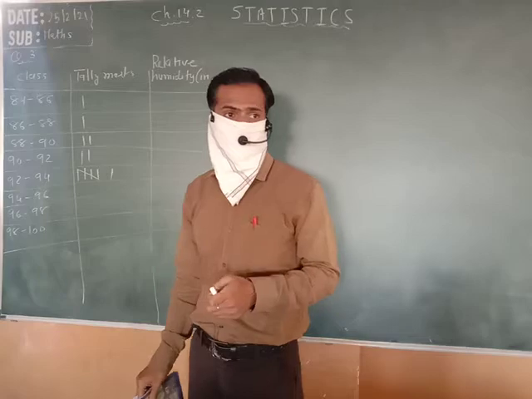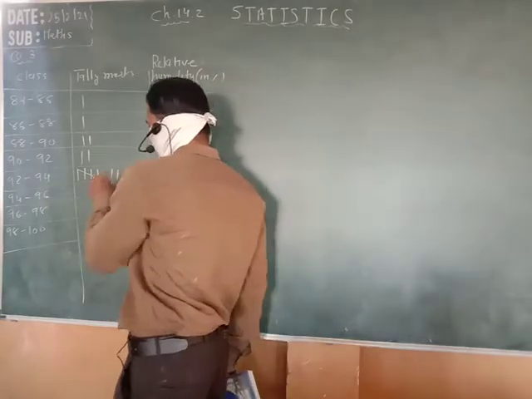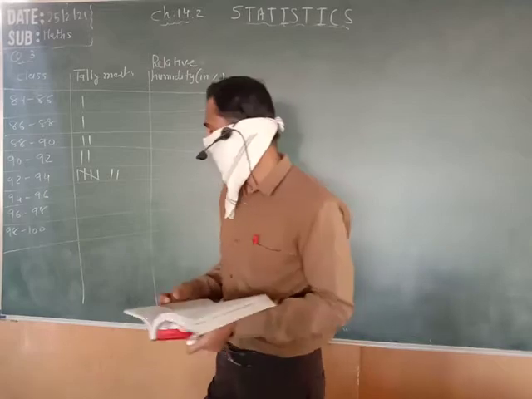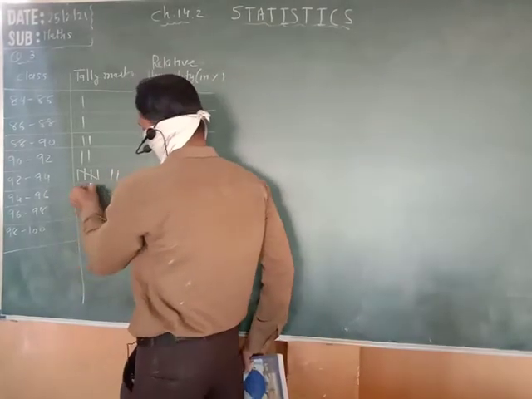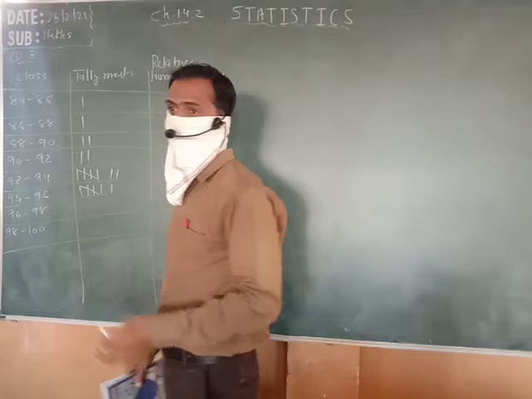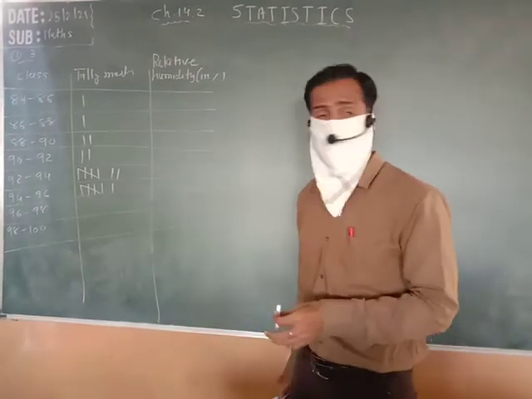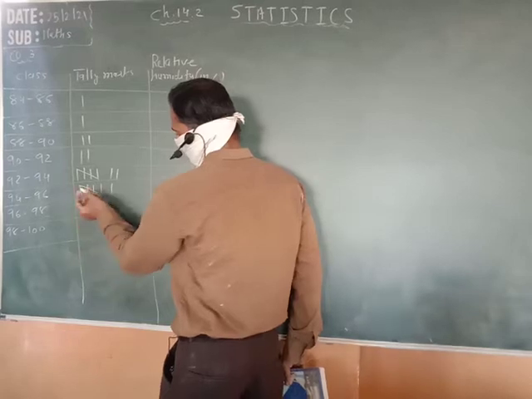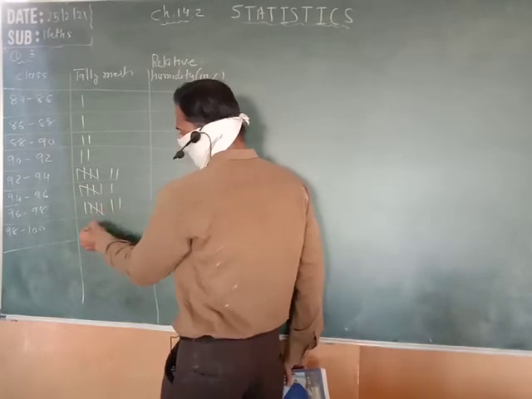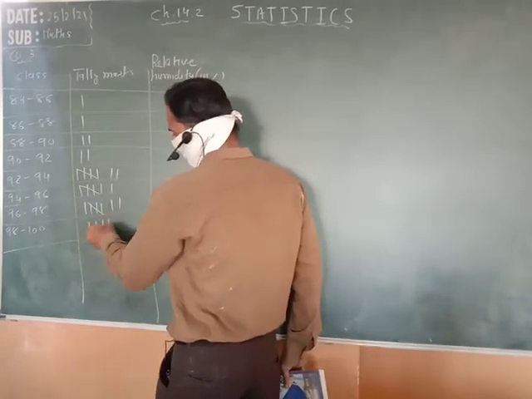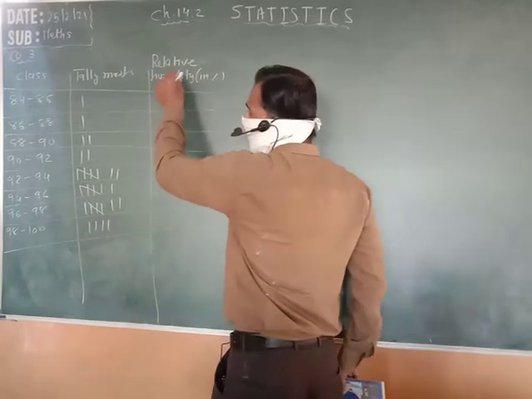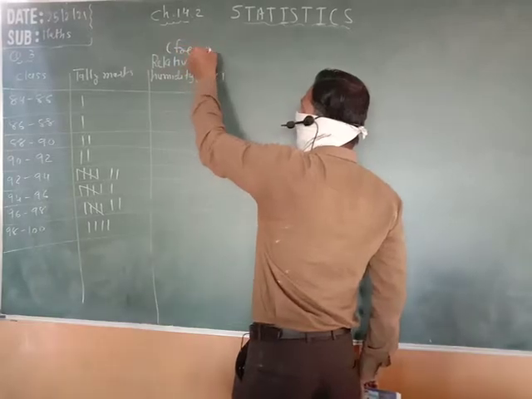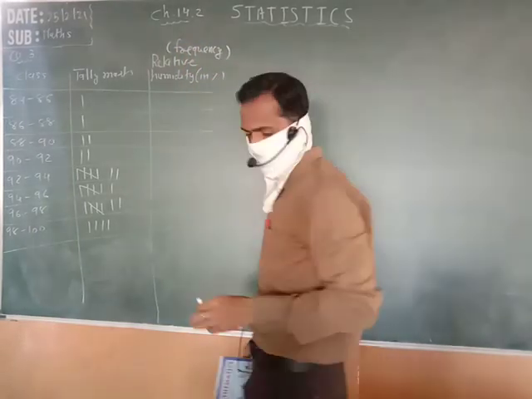90 to 93. 94, 95, 96, 97. How many? 7. And 4. Here we write relative humidity, and this is called frequency.